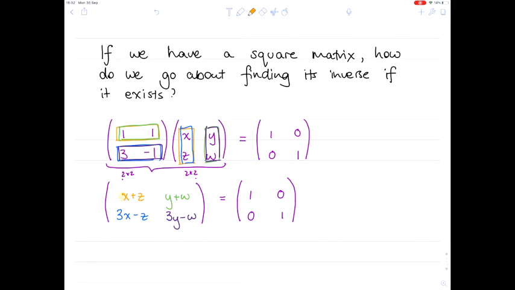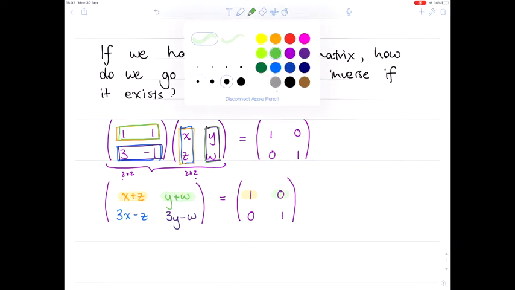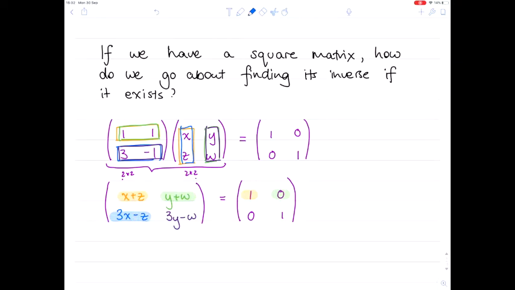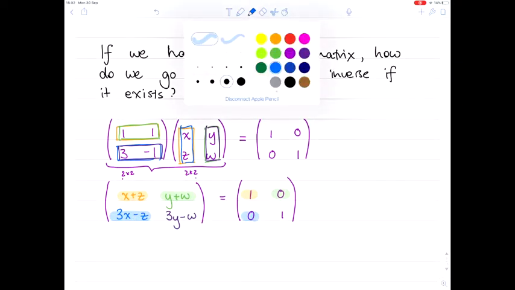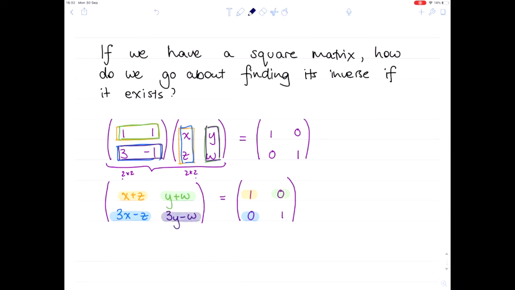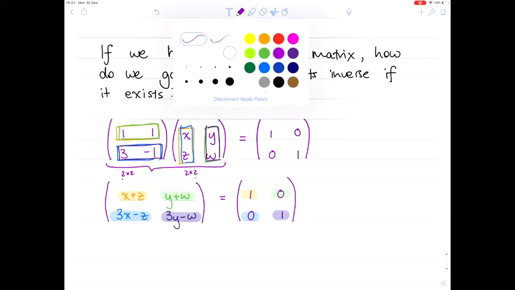So we need to have that x plus z is equal to 1, y plus w is equal to 0, 3x minus z is equal to 0, and finally 3y minus w is equal to 1. So actually this gives us a set of 4 equations that have to be satisfied. We have 4 equations and we actually have 4 variables, x, y, z and w.